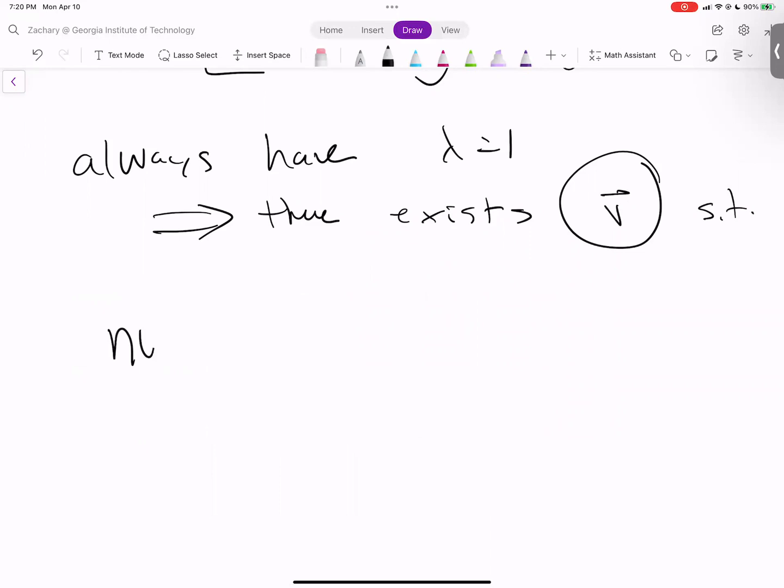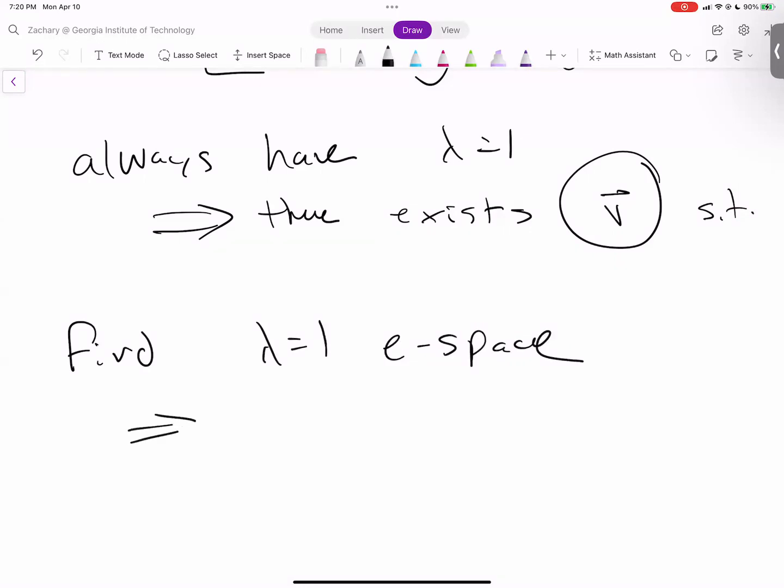So we have to find the lambda equals 1 eigenspace, which is just a basis for the null space of A minus 1I, okay? This is how you do it. This is the process, all right?